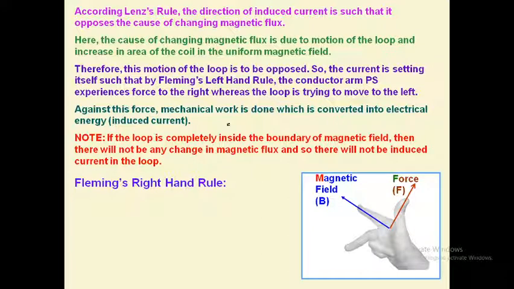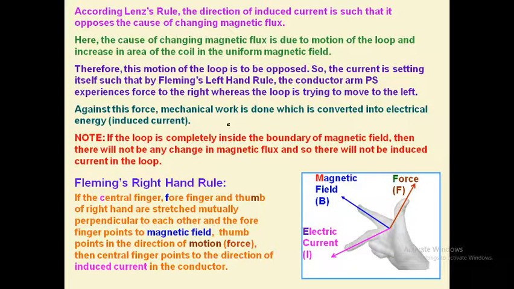Force means the direction in which the coil is moving. Then your middle finger will give the direction of induced current. Okay, the same thing you can apply in the previous diagram to get the direction of current at any point.